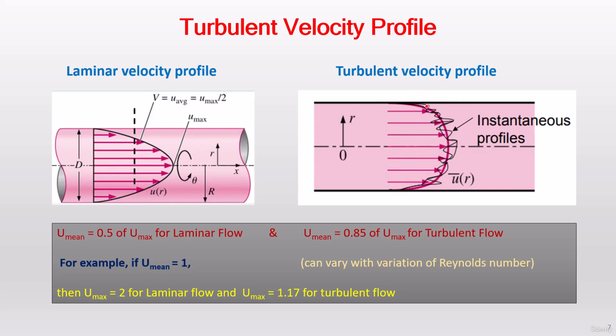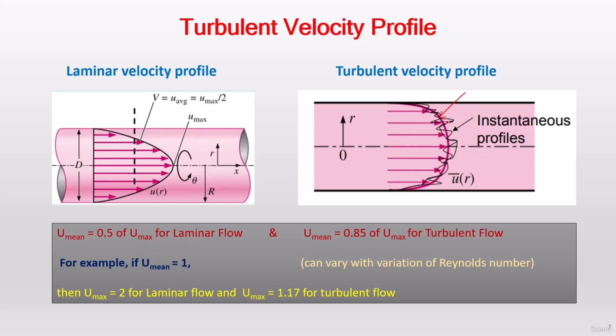You can see that the red color is showing the mean velocity, while the black color is the actual velocity profile, which we call the instantaneous velocity profile. Every time you check it at the same location, the same vertical line, you will see that every time they produce different velocity profiles. So every time the instantaneous velocity will be different.